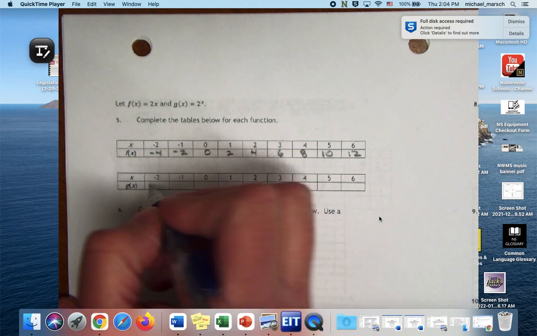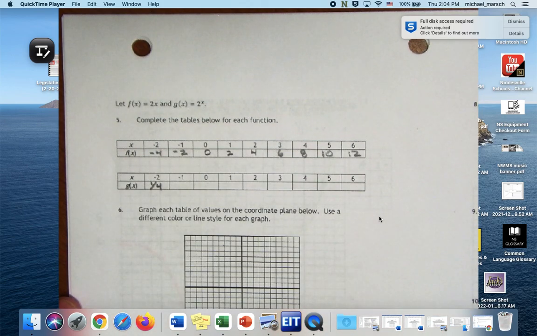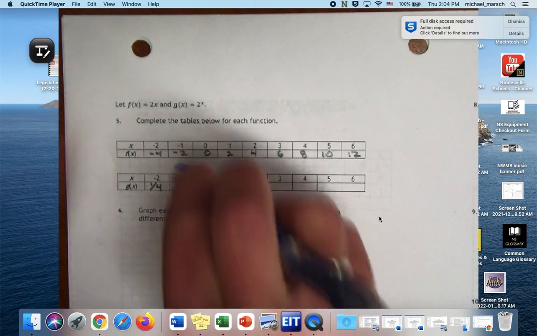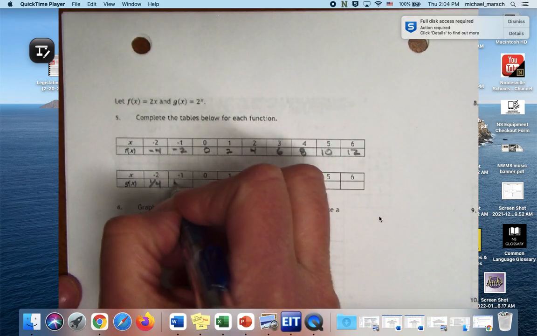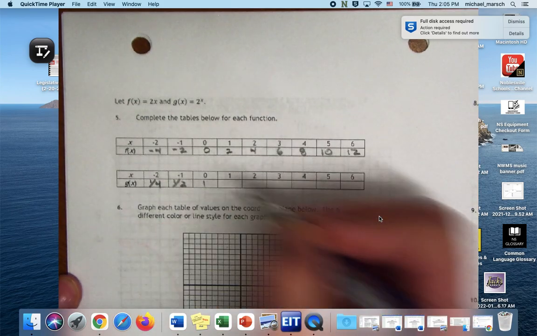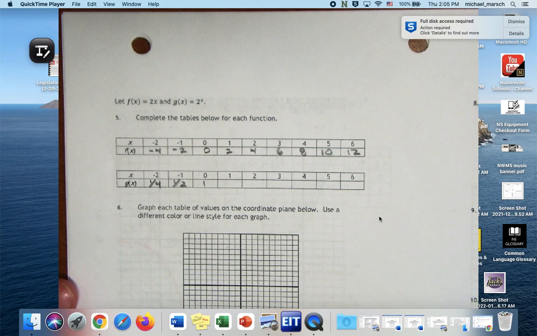Two to the -2 is 1/4. 2 to the -1 is 1/2. Remember, anything to the 0 power is 1.